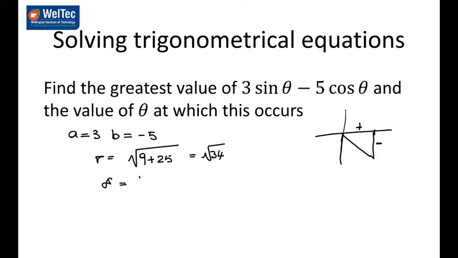It's the inverse tan of B over A. So it's the inverse tan of -5 over 3. And it's got to be in quadrant 4. So that means when we use our calculators that it's going to be -59.03.